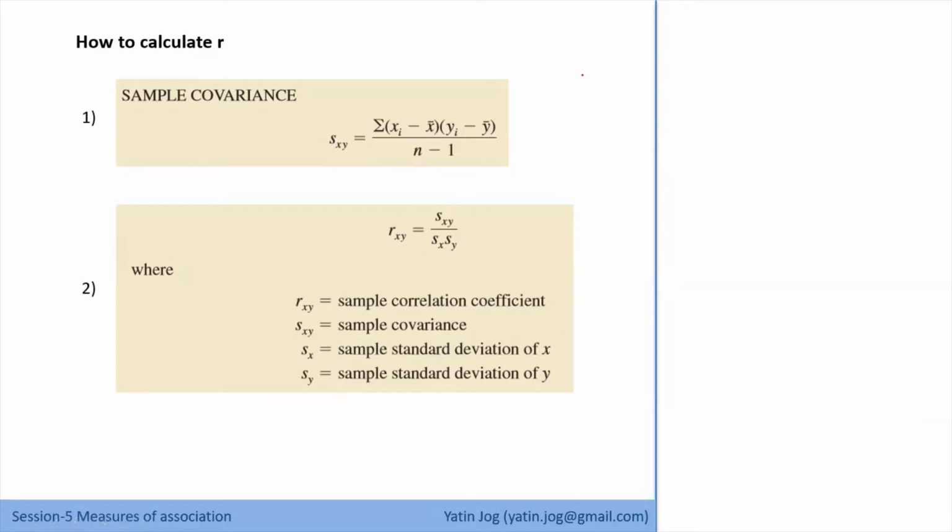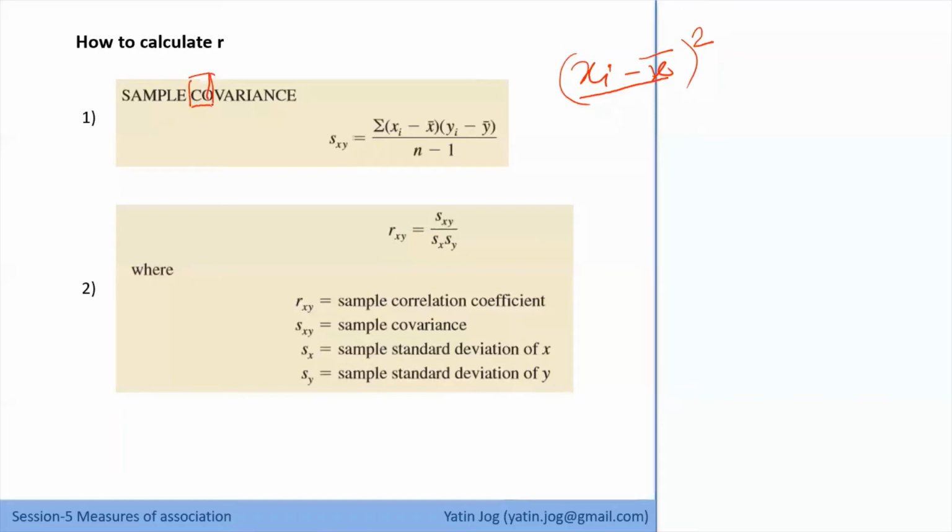When I say variance, variance is xi minus x bar, that is the mean, bracket square, square deviation. Because we have only one variable in case of variance, we have taken xi minus x bar bracket square. But now what we are looking at is covariance, that is variance between two variables.